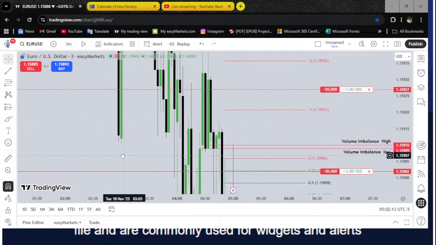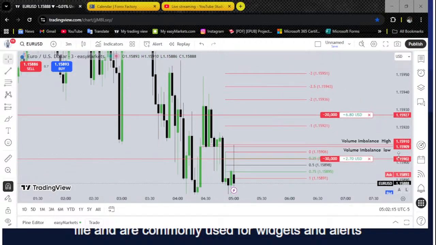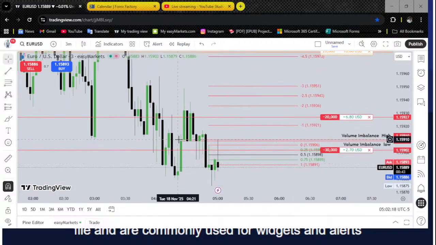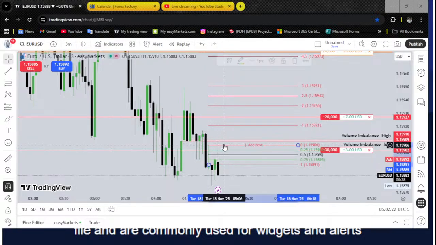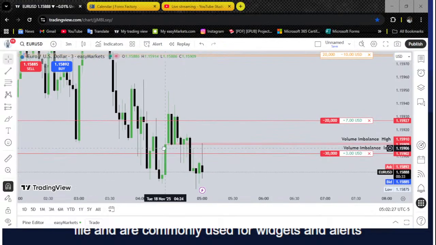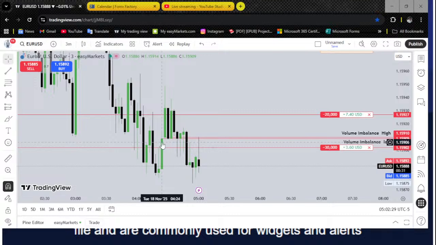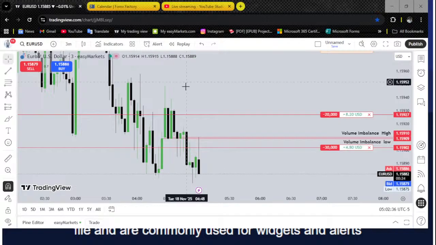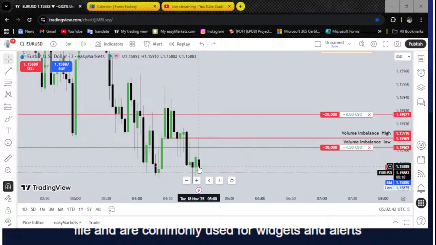Because you can read here. Let me just remove these quadrant levels here. You can read the closing of this one. This is the opening, H means high, L means low, and this one means close. So if you read the C of this one, it means 159.32, and the high of this one is 159.10.